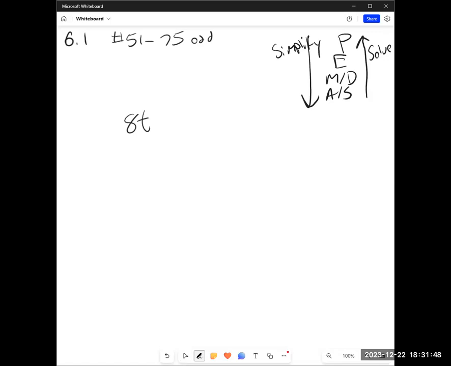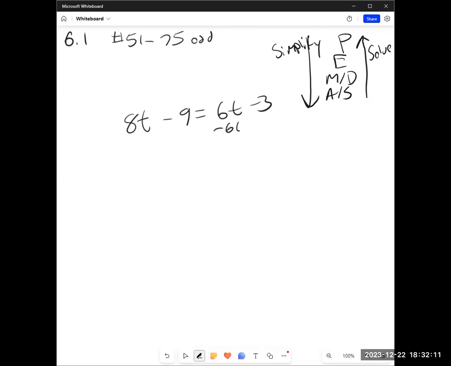8t minus 9 is equal to 6t minus 3. All of these examples so far have been conditional equations like we talked about before that have one answer to them. I'm going to try and get my variables on the left. I'm going to try and get my constants on the right here using addition and subtraction.